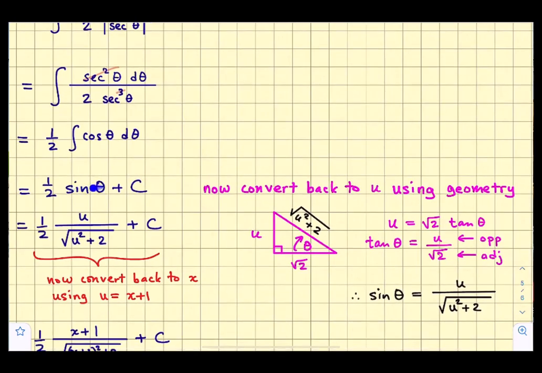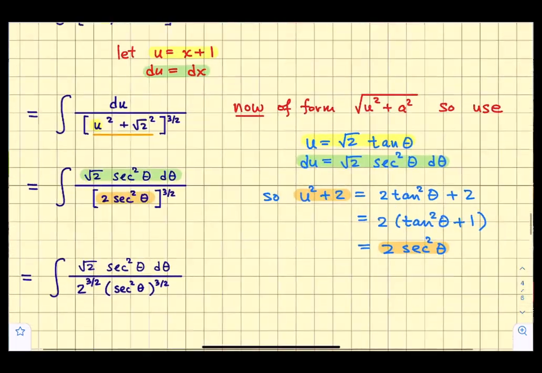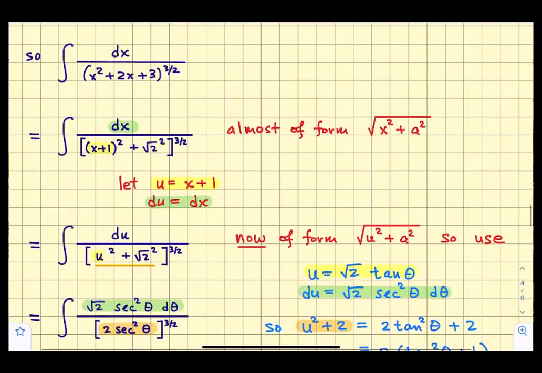Here we need to know the sine of theta. The sine of theta is just the opposite over the hypotenuse. We'll replace that here, and now we're back to an antiderivative in u. We're still not done because we have to finish with an antiderivative in x, but we went from theta back to u, and now we'll use our regular u substitution to convert back from u's to x's.